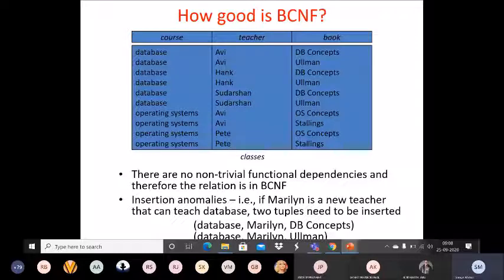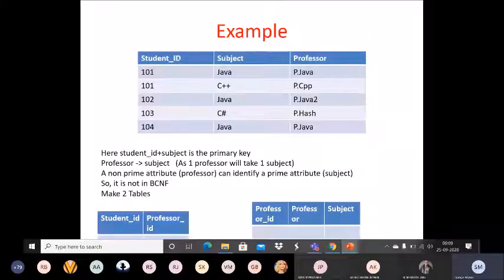So go to the next example, and the question will arise: how good is BCNF? Should we go for BCNF? I am repeating this thing again. Think about this example. It is not in BCNF, so what we have done is incorporate one attribute here, Professor ID, which was not present in this table, to make it BCNF.